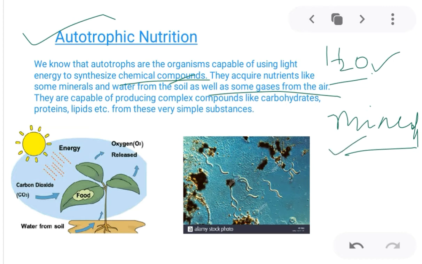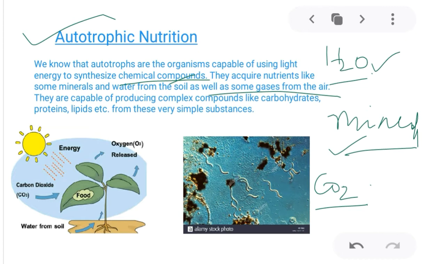So these all are obtained from the soil itself. And what about carbon dioxide? It can be obtained through the environmental gases. Through stomata, it can enter into the plant body.